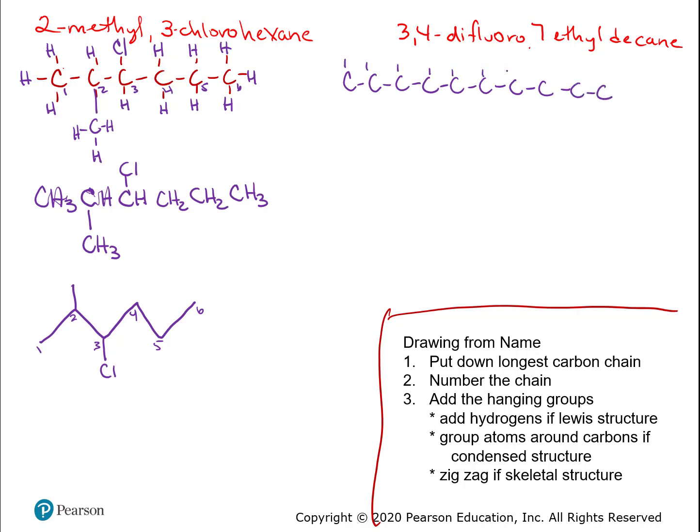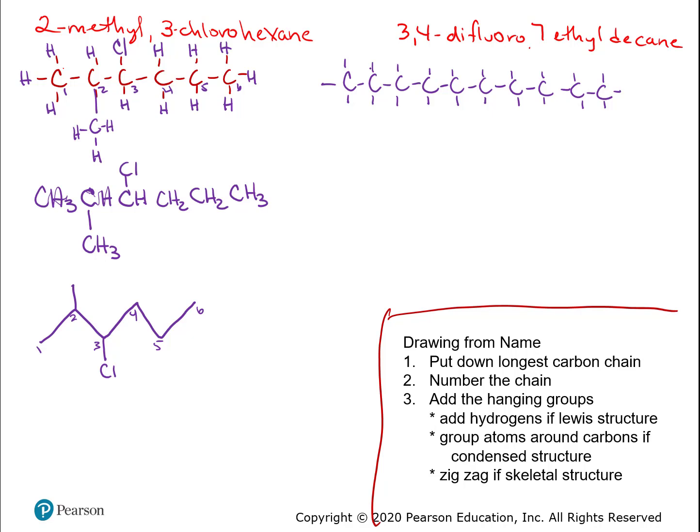Remember that this means carbon has 4 single bonds. That means that there is a bond above, below, and on the ends. There. Okay? So that's my longest carbon chain. You just look at the last word. That tells you how long. Decane is 10.